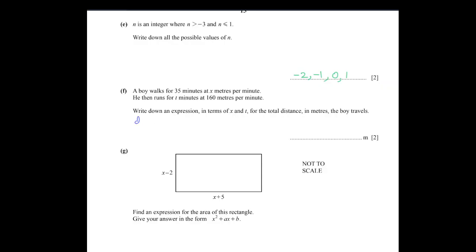So the distance he walks will be, what is the distance formula? Speed into time. Speed is given as x meters per minute and the time is 35 minutes. So it is 35x meters.